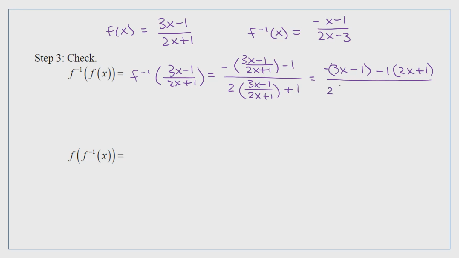And then I'll have 2 times 3x minus 1 plus 1 times 2x plus 1. So now I can simplify the numerator. So I'll have negative 3x plus 1 minus 2x minus 1 over 6x minus 2 plus 2x plus 1.